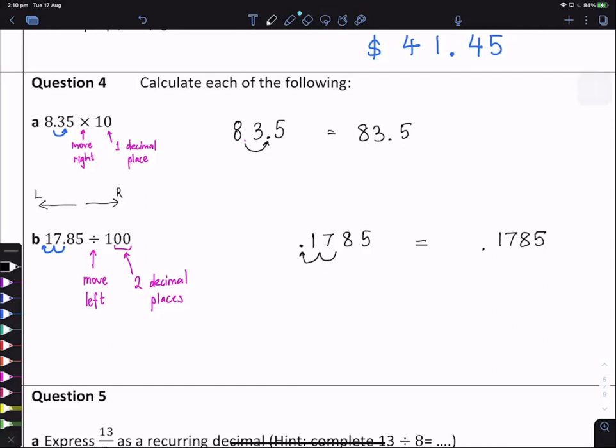Interesting. So we've established that we needed to move to the left. So here's our decimal point. If we move to the left, we move this way. 1, 2. Nan, I think you moved it to the right. That's incorrect.